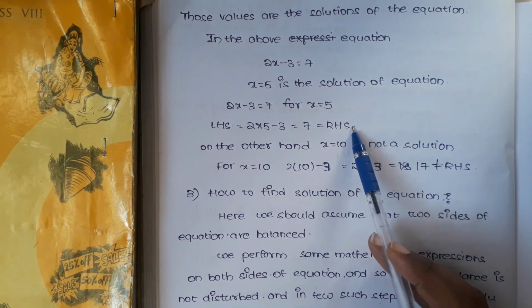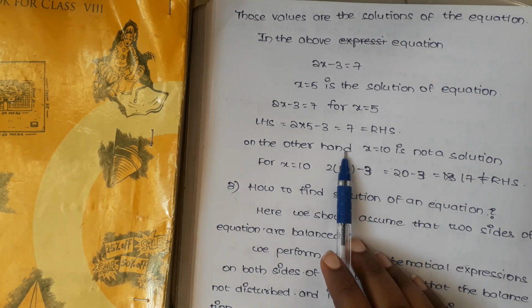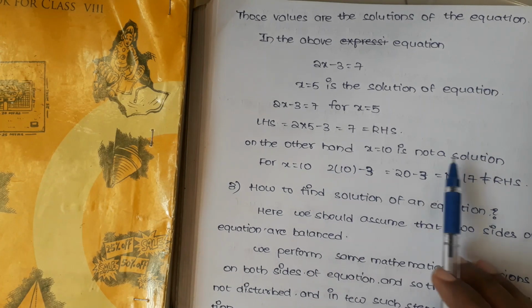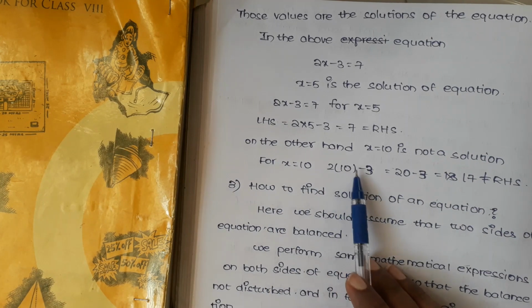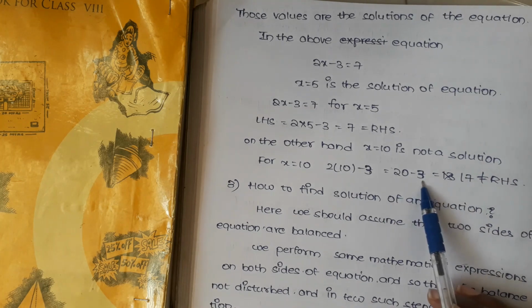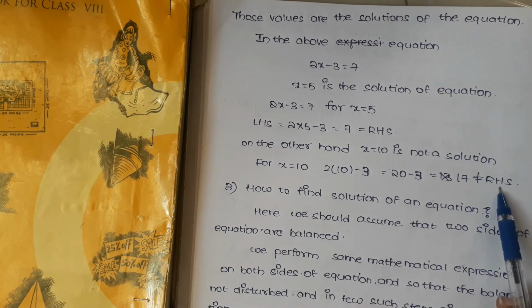And it is proved. On the other hand, if we take the x value as 10, it is not a solution, because for x equals 10, 2 into 10 minus 3, that is 20 minus 3, equals 17. That is not equal to RHS, so it is not satisfied.